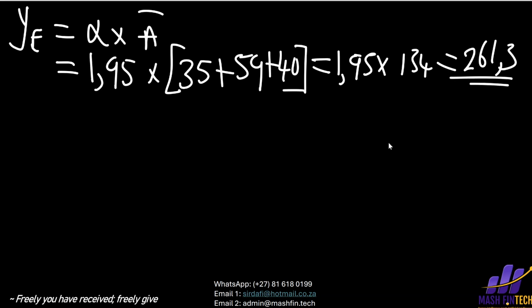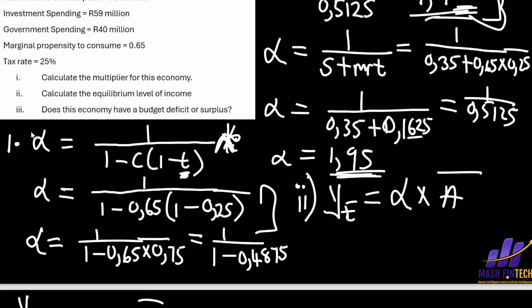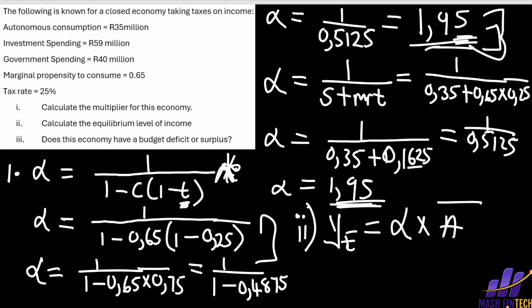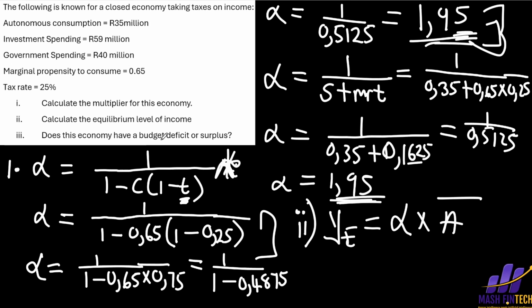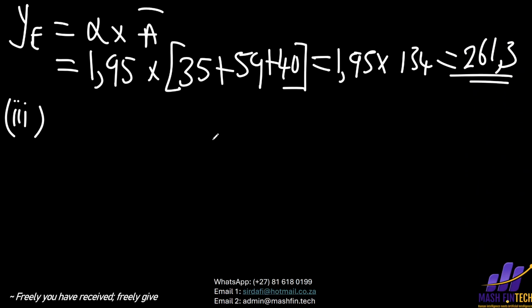And then there's another part of the question, part 3. I'm going to scroll up so that you can see. Part 3 is asking, in equilibrium, whether or not there's a budget deficit or a surplus. Is there a budget deficit or a surplus? All right. So what you need to do, you have to get the budget, right?